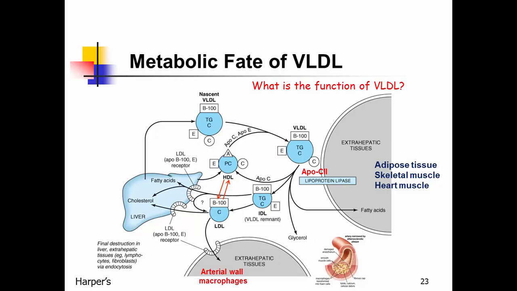Glycerol is actually taken up by the liver under the fasting condition, and can be used for gluconeogenesis. Under the fed condition, glycerol can also be recycled by the adipose tissue and used for synthesis of triglyceride. Is that clear, everybody?